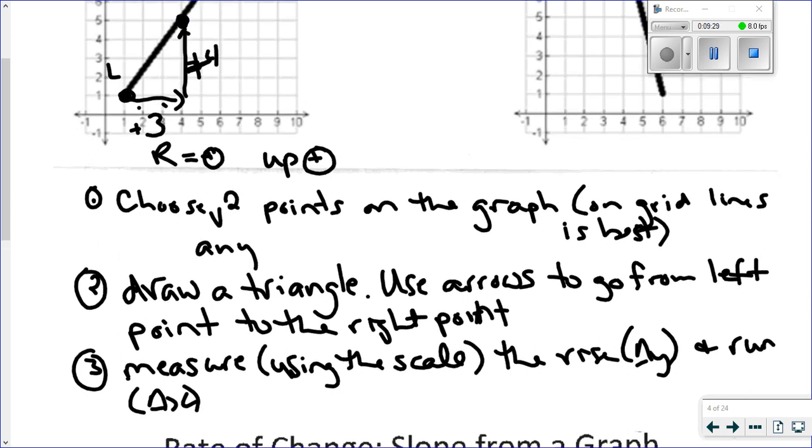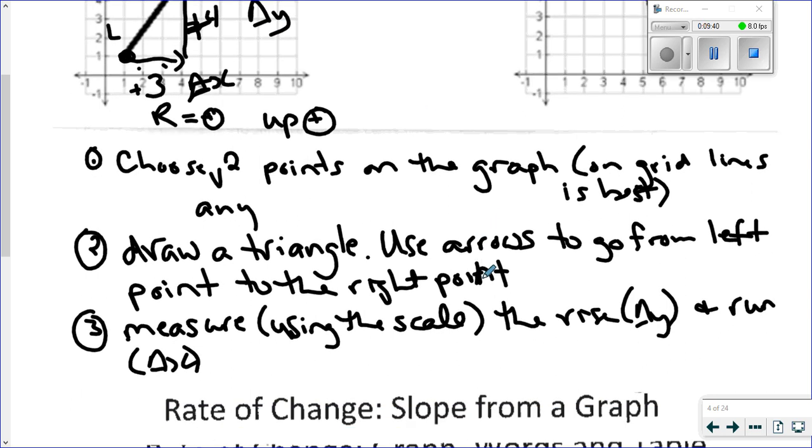Up here, this would be delta x, not ax, delta x, and this would be delta y. Finally, calculate slope.